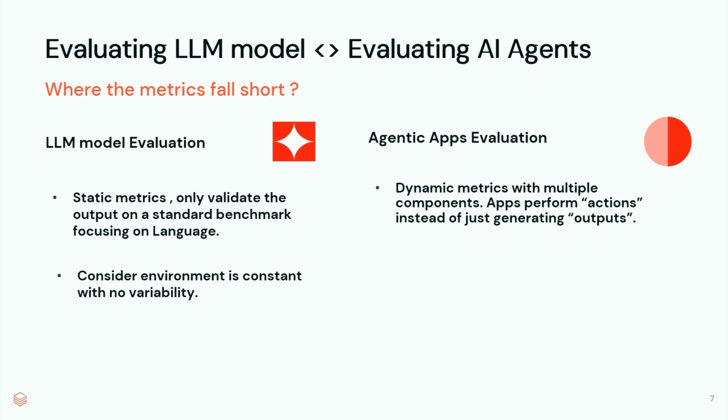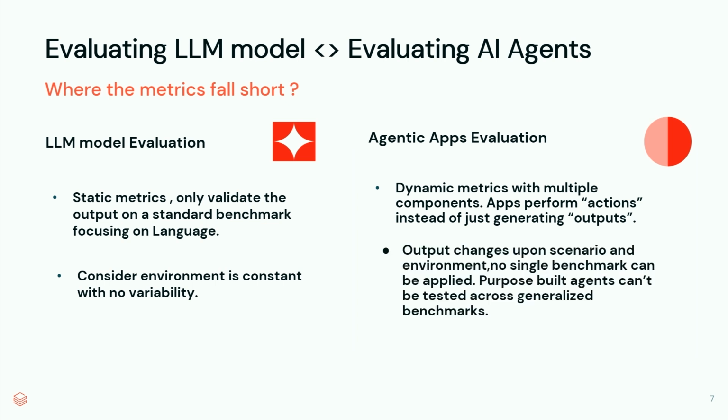Similarly, for a language model, as I mentioned, your environment is static. You are using different types of user parameters or user questions, but for example, in a summarization use case, no matter what user input you give, you expect a certain summary. That's the end of it. But for an agent it's very different, because the outputs change based on the information or the user input.